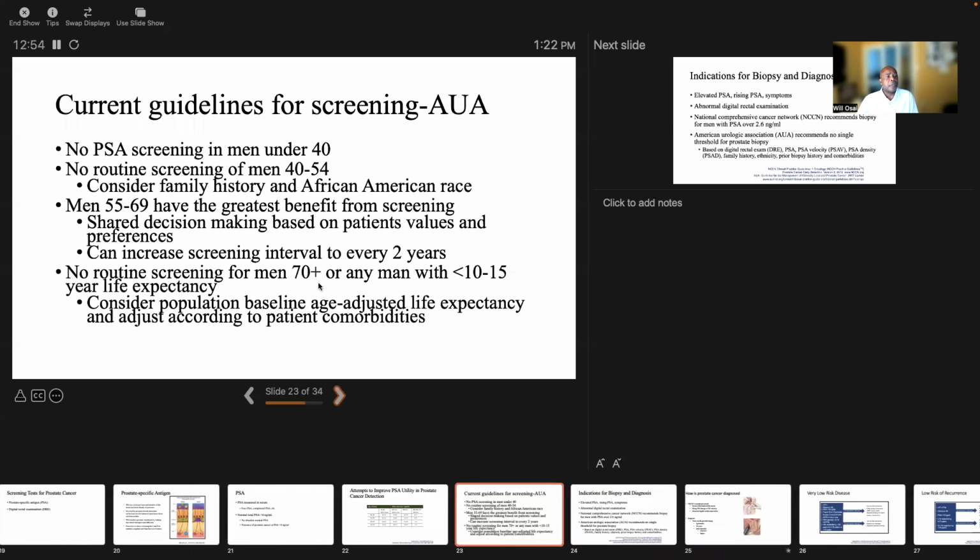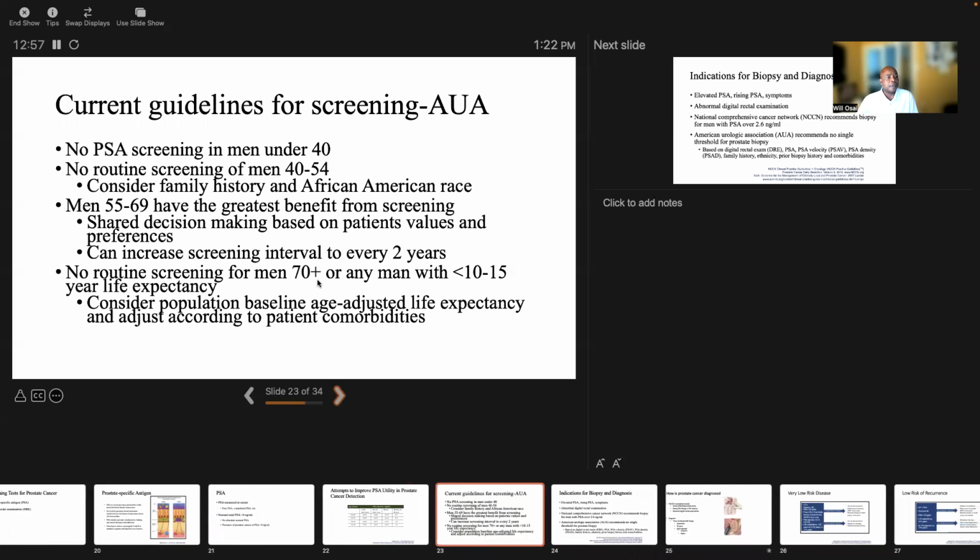What are the current recommendations for screening for prostate cancer? The American Urologic Association does not recommend prostate cancer screening for men under 40. They also don't recommend routine screening for men between 40 and 54 unless they have a family history of prostate cancer or are of African American race because of the higher incidence in that group.